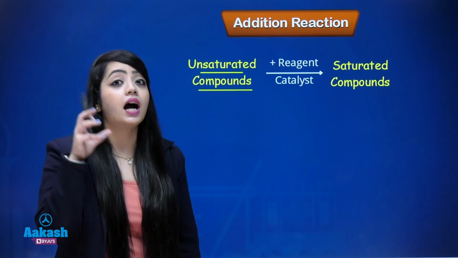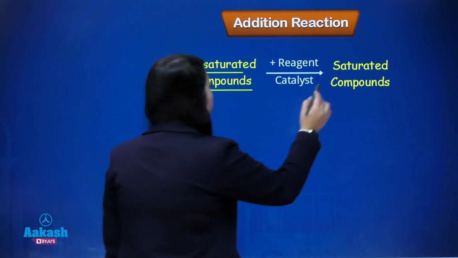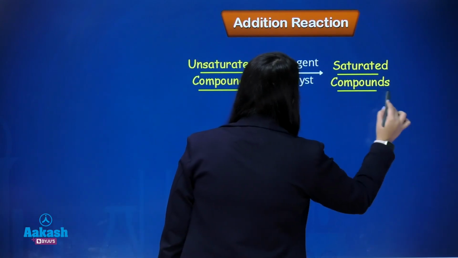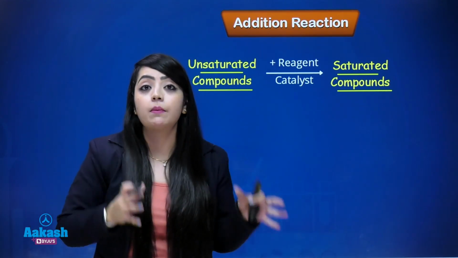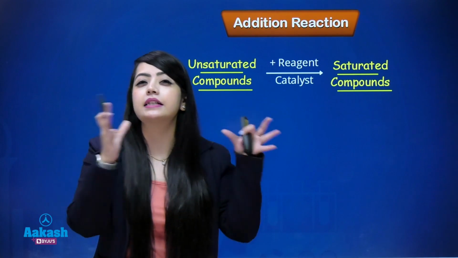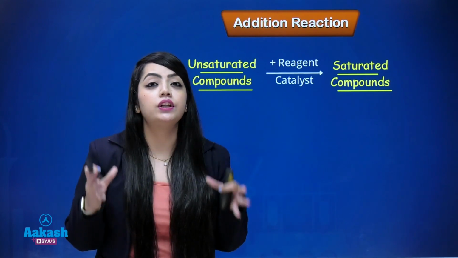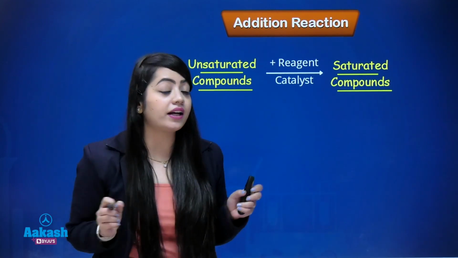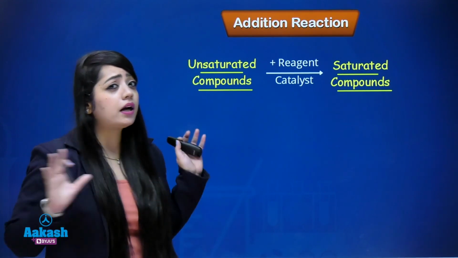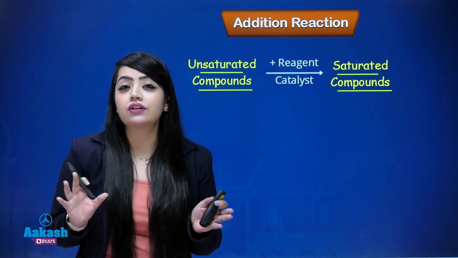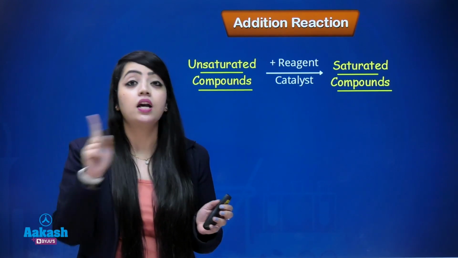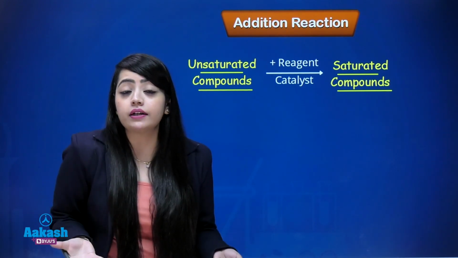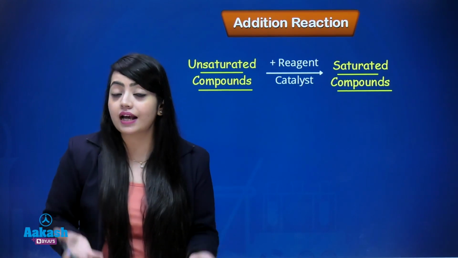And to that unsaturated compound we are going to add a reagent as well as a catalyst to obtain a saturated compound. If we want to convert all double and triple bonds into single bonds, we need to add something to it, right students? So this confirms that addition reactions can be shown only by unsaturated compounds, students, right? We cannot expect saturated compounds to show addition reactions, right?